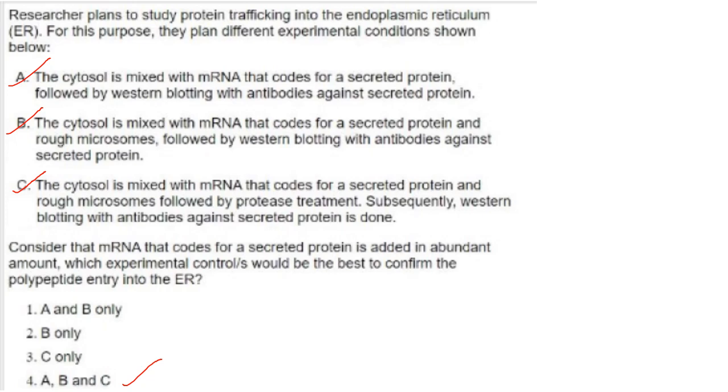Even after protease treatment, the blot for the secreted protein could be done, showing that the protein enters the microsome. That is why it did not get cleaved by the protease. If it was cleaved by the protease, then Western blotting would not have given a result. But since it entered the rough microsomes, it was protected from protease cleaving, and the Western blot gave the results.